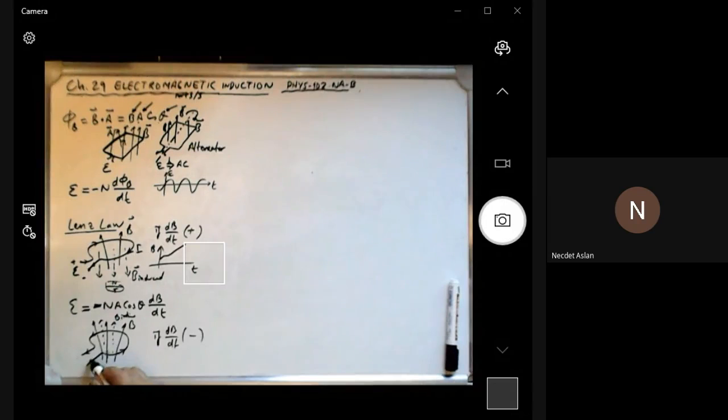In this case, the current will start from this point, go around, and come back to this other point. So this will be minus and plus epsilon. As you see, the sign of this potential difference is changed if the magnetic field is reducing in time instead of increasing, because there is a minus sign. Two minus signs cancel each other, so there is no negative sign, and the induced magnetic field will be in the same direction as the original magnetic field.